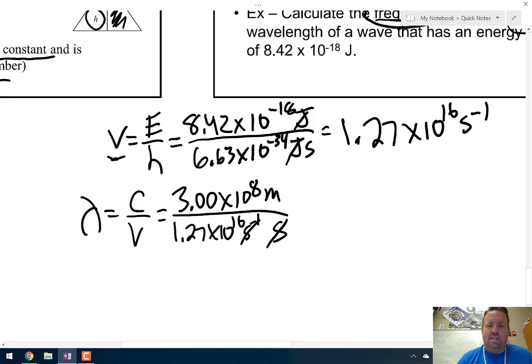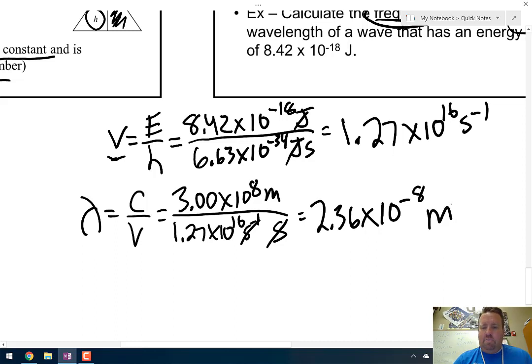Those are going to cancel. So 3 times 10 to the 8th divided by that last answer that was just on my screen to make it easier so I don't have to push in as many buttons gives me an answer of 2.36 times 10 to the negative 8th. If your calculator just did 0.000000 and then a whole bunch of zeros and a 2, put it in scientific notation.